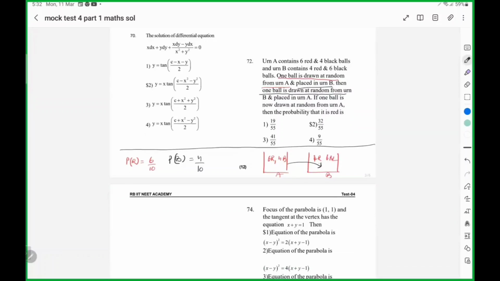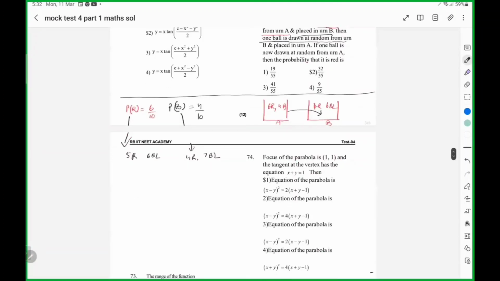So if a red ball is transferred, there are 5 red, in this case 6 black balls. If a black ball is transferred, 4 red and 7 black.